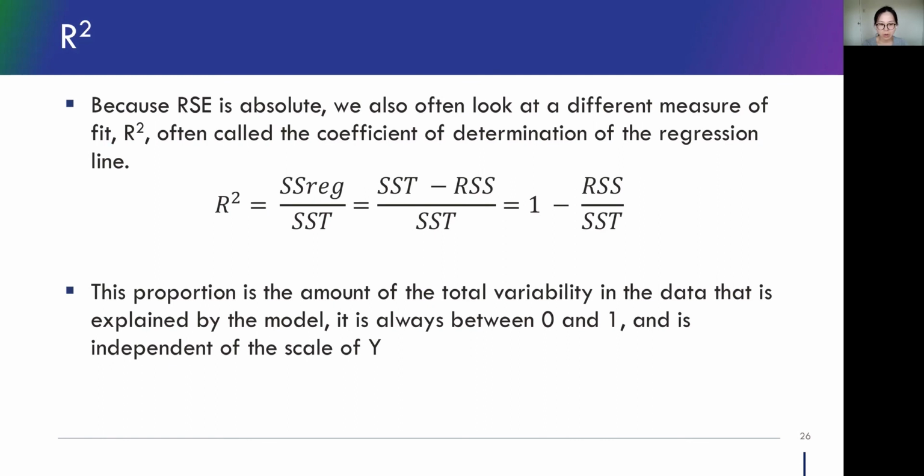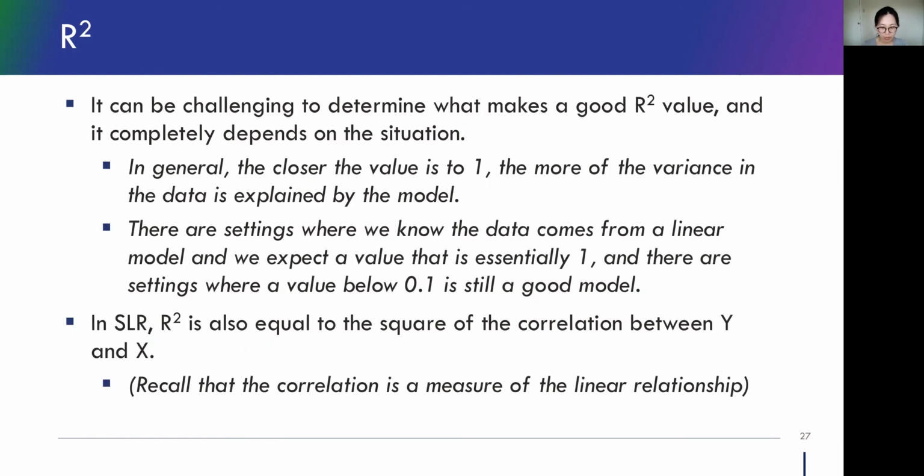Even though we know R squared is independent of the scale of y and always from 0 to 1, it can still be challenging to determine what makes a good R squared value, and it completely depends on the situation. In general, the closer the value is to 1, the more of the variance in the data is explained by the model, so the better the model is.